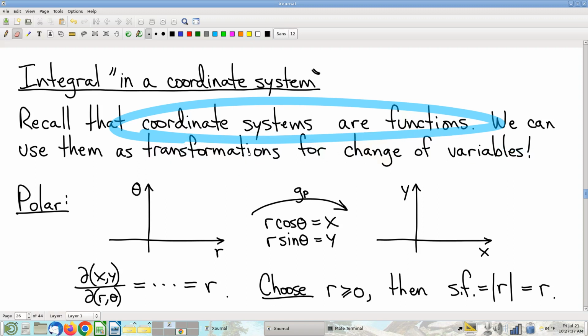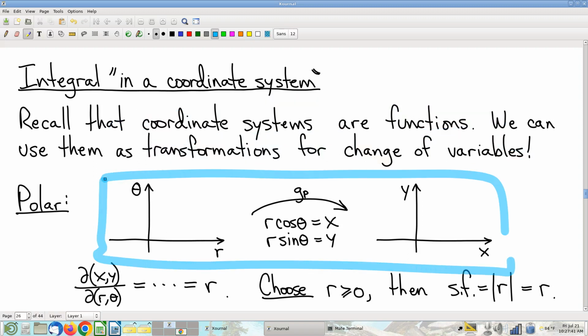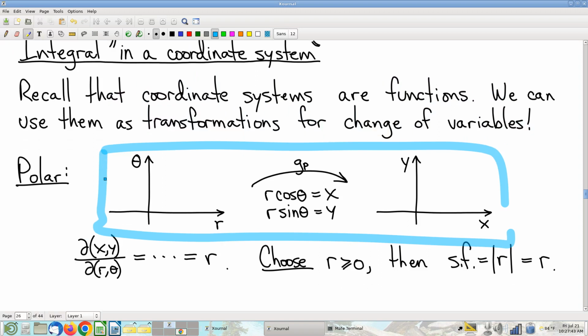So, for example, here's how you think of polar coordinates. This is the first thing we wrote down for polar coordinates, that you can think of as a function where if you give me an r and a theta, then I can plug that in there, and out comes an x and a y. So this function, I'm now going to completely repurpose.